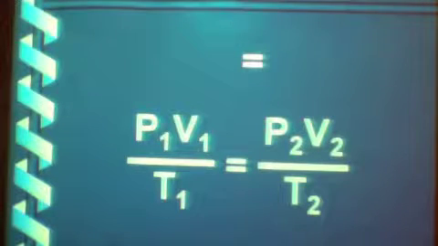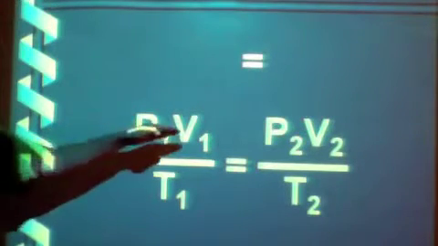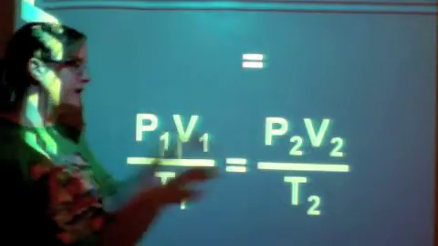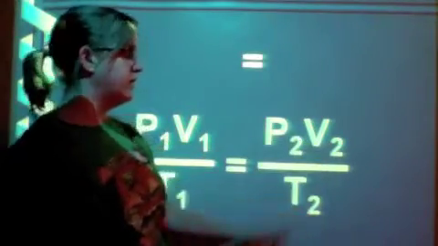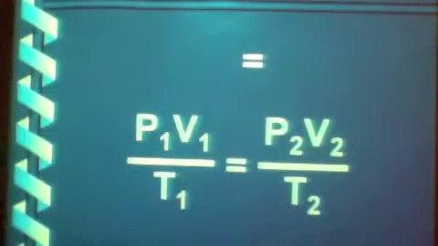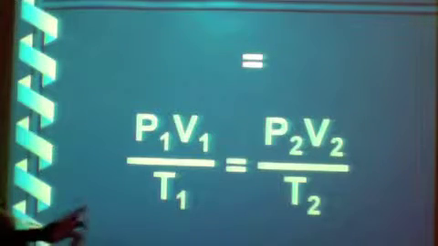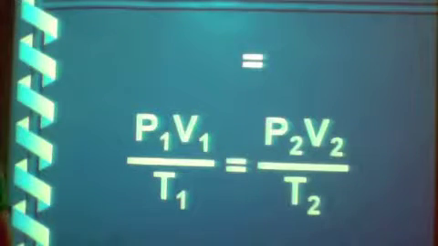This is on your reference table. P1V1 over T1 equals P2V2 over T2. So thinking like a student who is algebraically inclined, meaning they have trouble using these types of equations, what do you think is the first thing that we need to do to make it easier, simplify it?